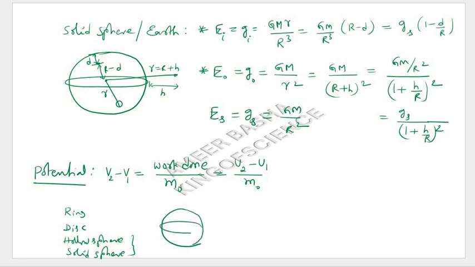For hollow sphere, what will be the potential value for inside points and for outside points? For hollow sphere, the value for inside point is minus Gm divided by R, which is the same as on the surface. For outside point, it is simply minus Gm divided by r.